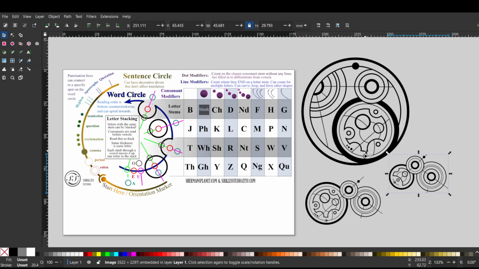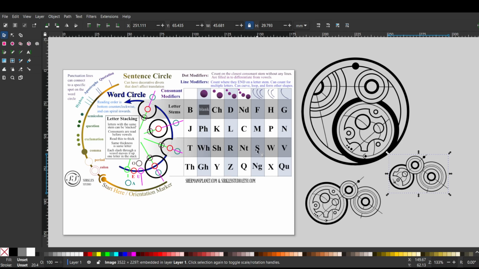So here we have the bottom of this word, September, and the first letter we hit going counterclockwise is this shallow divot stem. So this thick line here makes a bite out of the cookie, like somebody took a bite out of this cookie of the word, and it has 1, 2, 3 line modifiers ending on it. So we combine those 3 line modifiers in this row with the shallow divot stem in this row.